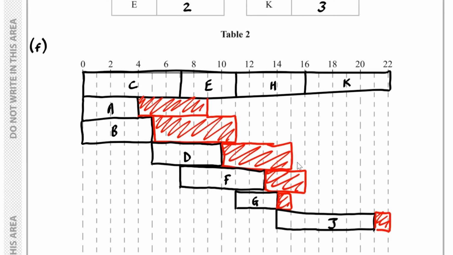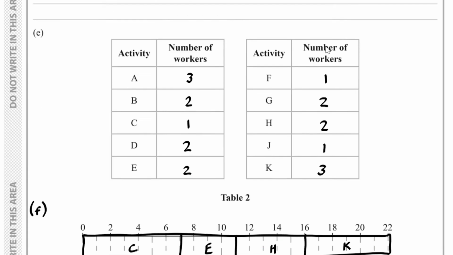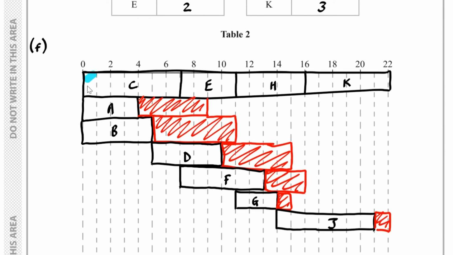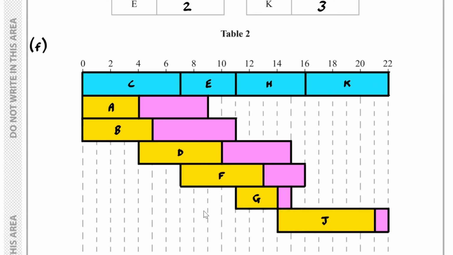So here is the resource histogram, and we've got the critical activities, which are these activities here. So as I've just redone, we've got the appropriate Gantt chart as we see here.